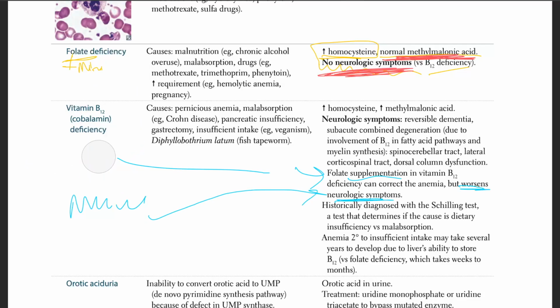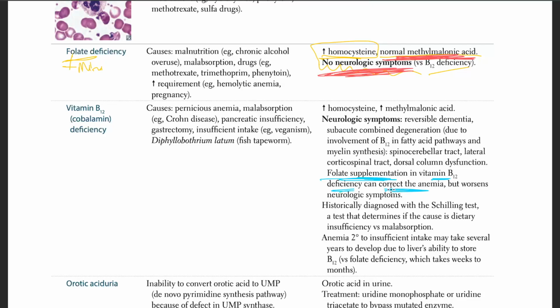Okay, it's very important. Folate supplementation in vitamin B12 deficiency can correct the anemia, but worsens neurological symptoms. Recurrent falls. You don't know where they're gonna fall.